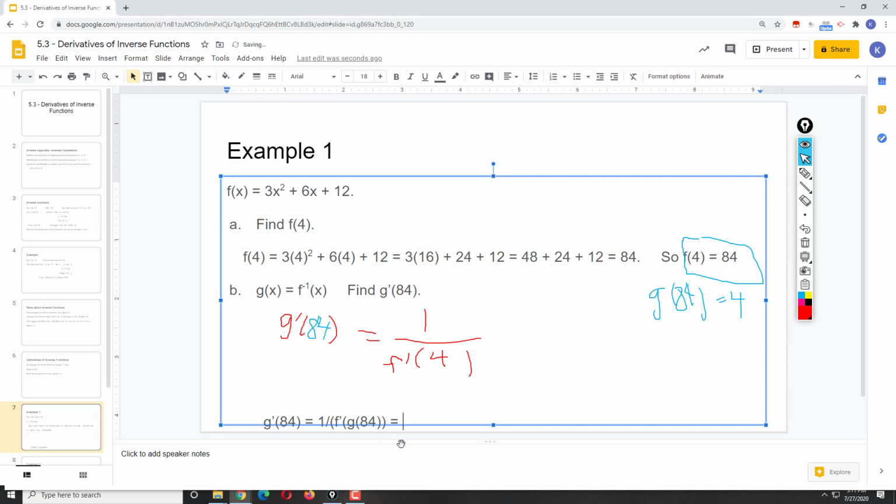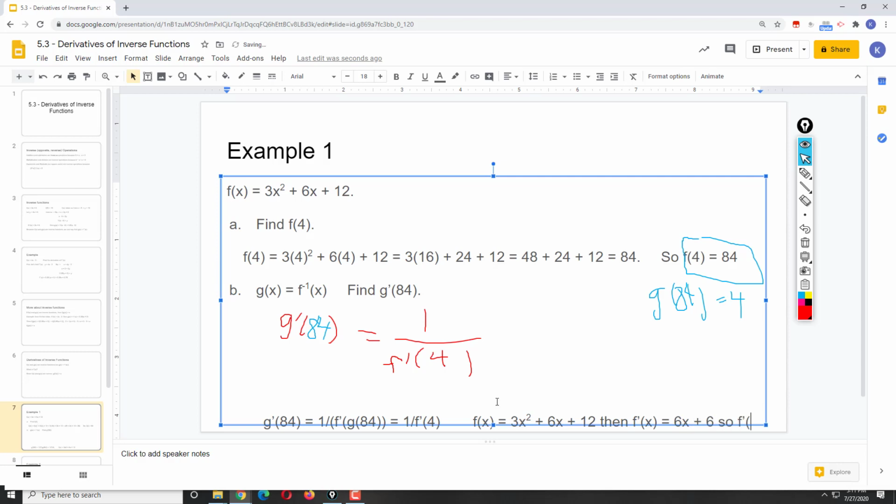So g prime of 84 is just 1 over f prime of 4. What is the derivative of f of x at 4? F prime of 4. Well, if f of x is 3x squared plus 6x plus 12, then f prime of x is 6x plus 6.